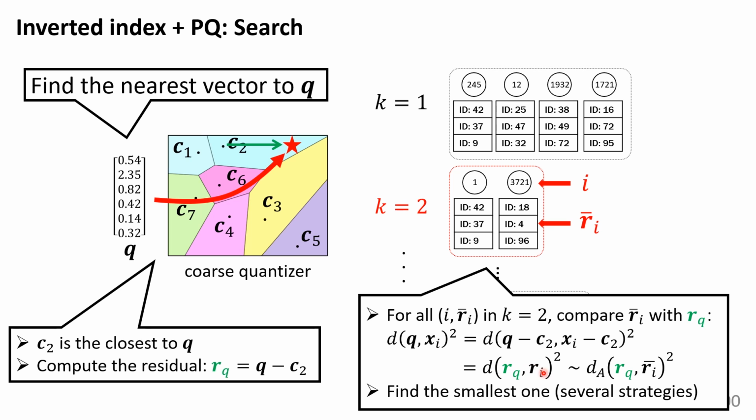So this can be approximated by dA, between RQ and Ri bar, the PQ code. So we compare the PQ code and the query residual, and by scanning these we can find the smallest one. There are many strategies here, but anyway, this is a way to run the search.